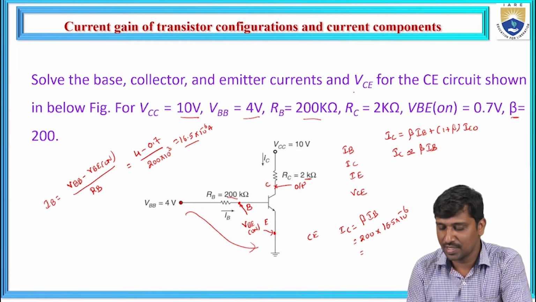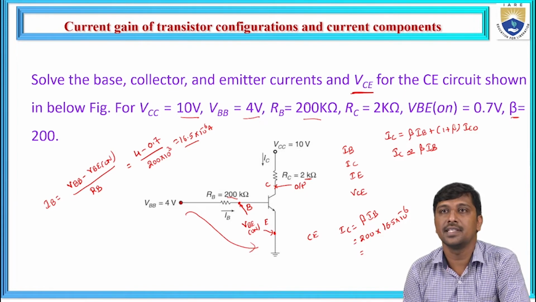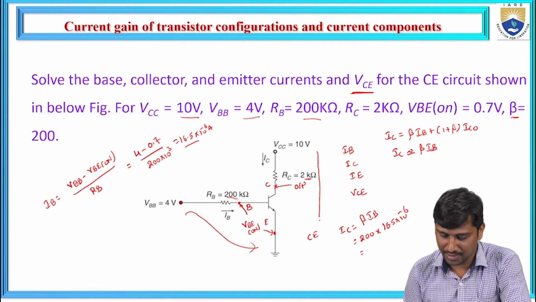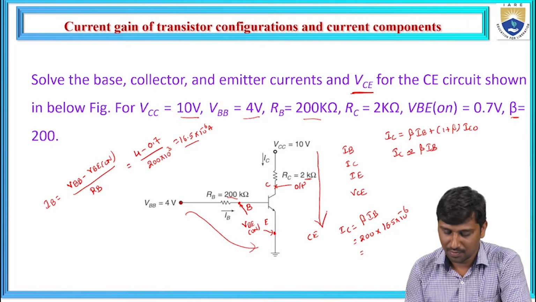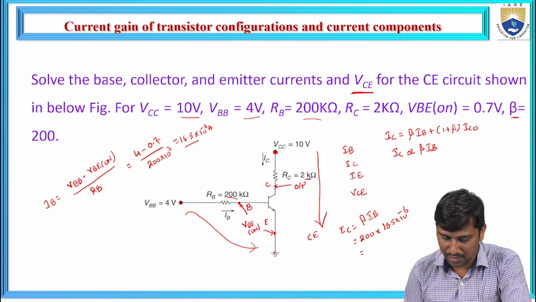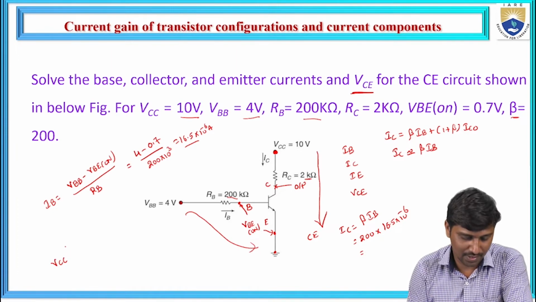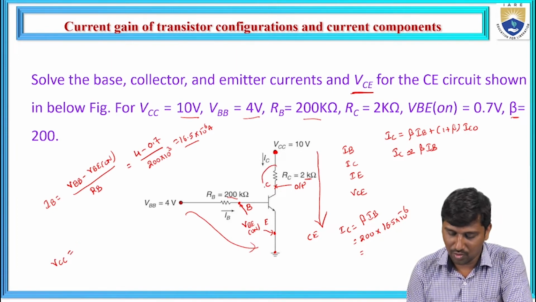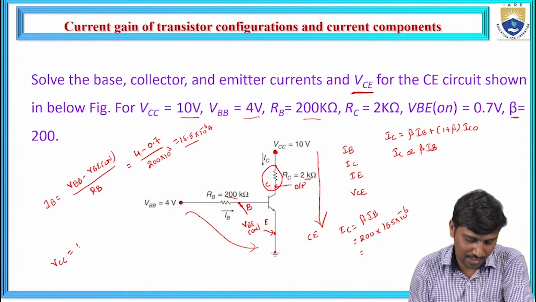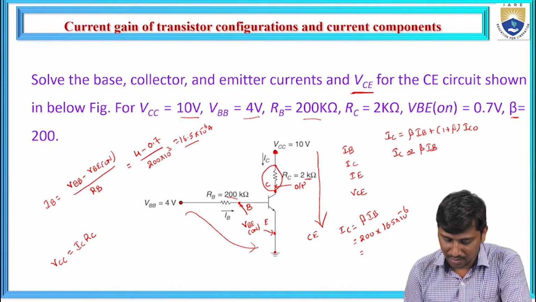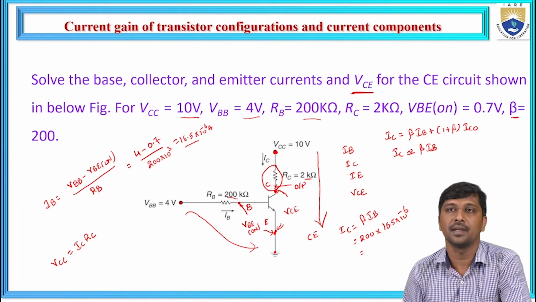Now, in the problem specification, we need to calculate the VCE parameter. Apply the KVL at the output side, from the VCC node to the lower potential. VCC is equal to the voltage drop across RC, which is IC times RC, plus the potential difference between these two nodes, VCE.